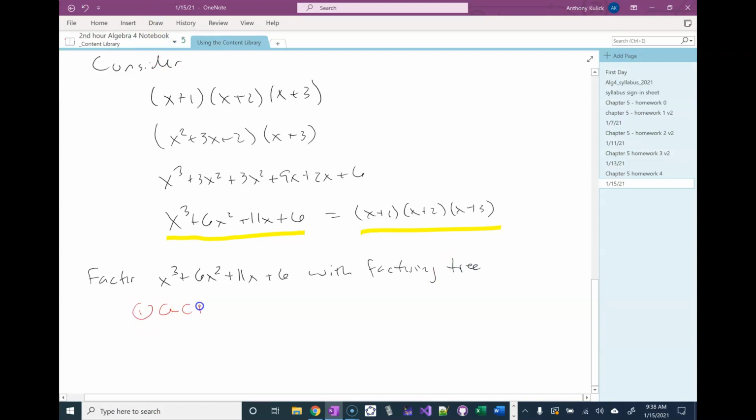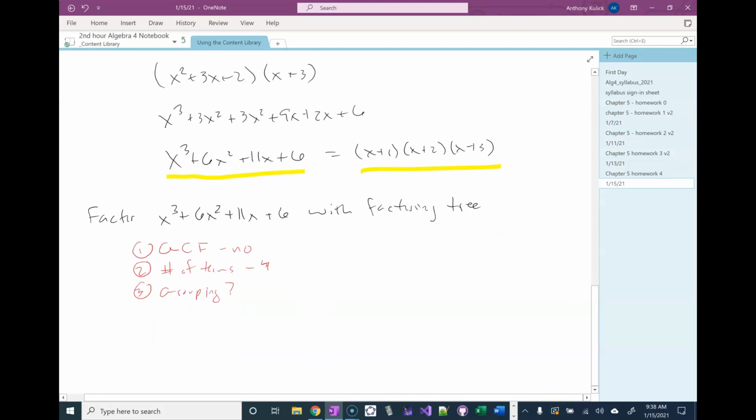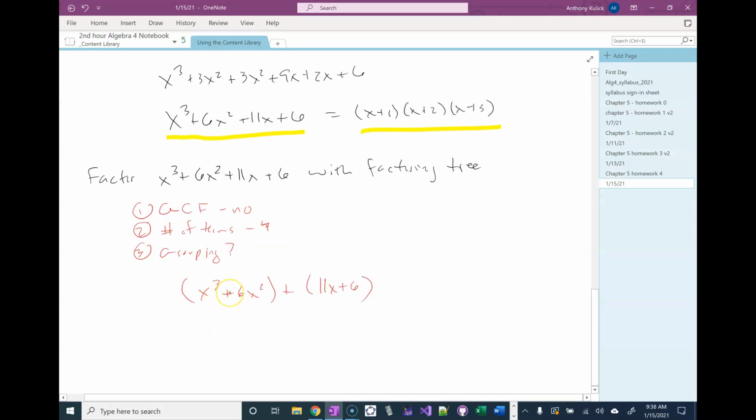So we look first for the greatest common factor, none of those. Number of terms, well, there's 4. So we try factor by grouping, just like the previous example problem that we did together. So we'll take a greatest common factor from the first group, which would be x squared.